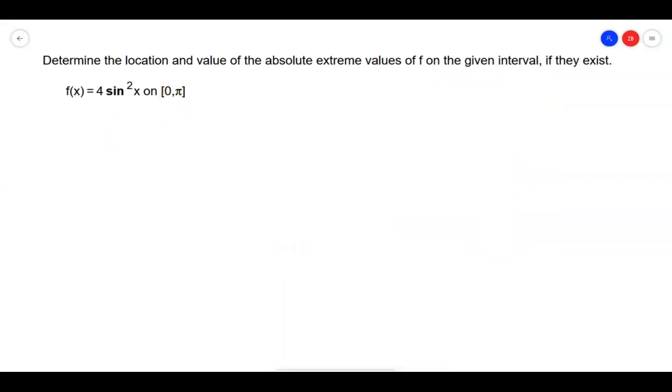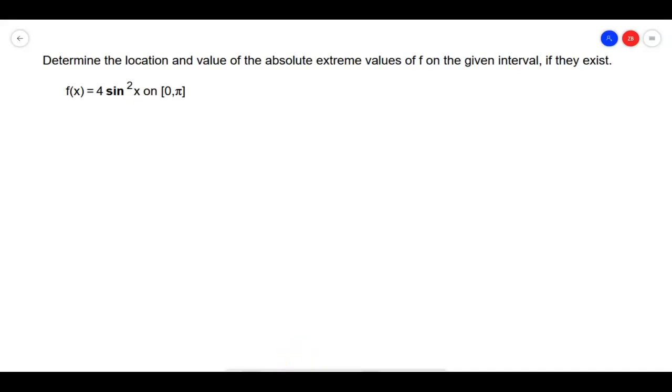All right, so let's go ahead and find the derivative. For sine squared of x, I can either use the product rule or the chain rule. I think the chain rule is going to be a little bit easier here.